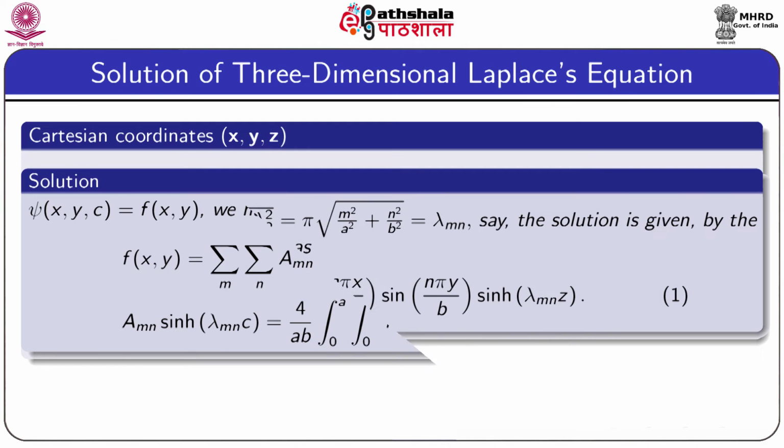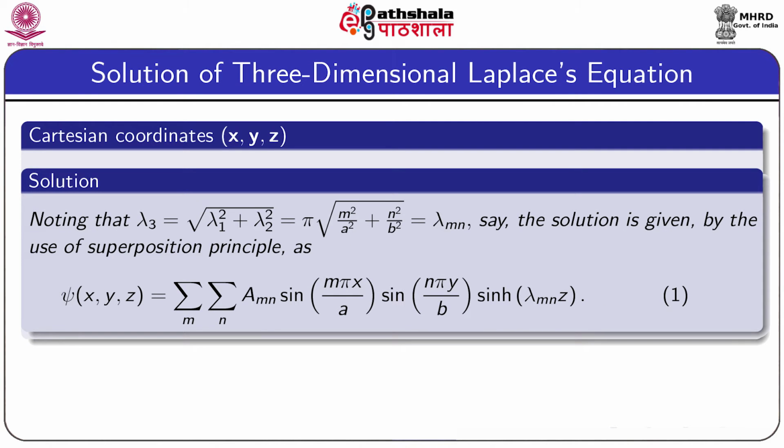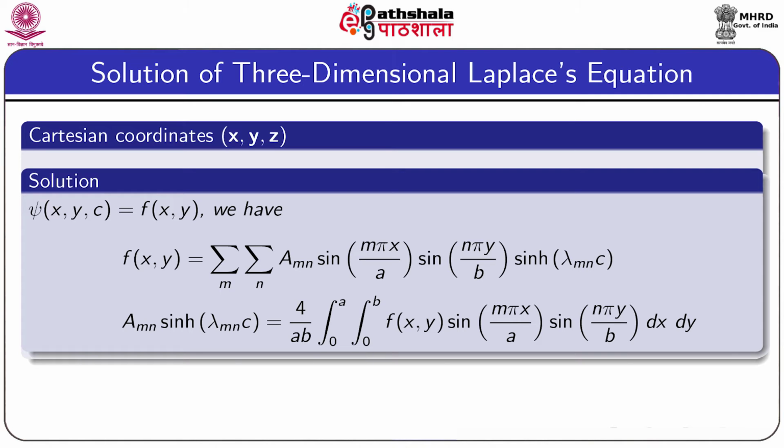Thus, the solution of our problem is psi equals the sum over m, sum over n, A_mn sin(mπx/a) sin(nπy/b) sinh(λ_mn z), where the sums are for m equals 1 to infinity, n from 1 to infinity, and λ_mn is given here as π times the square root of m²/a² plus n²/b², and A_mn can be determined from the relation given here.